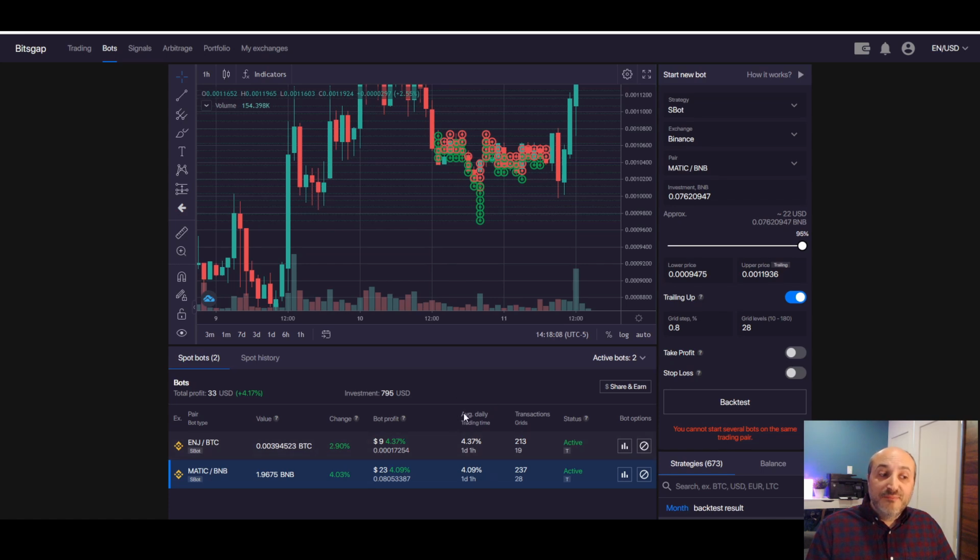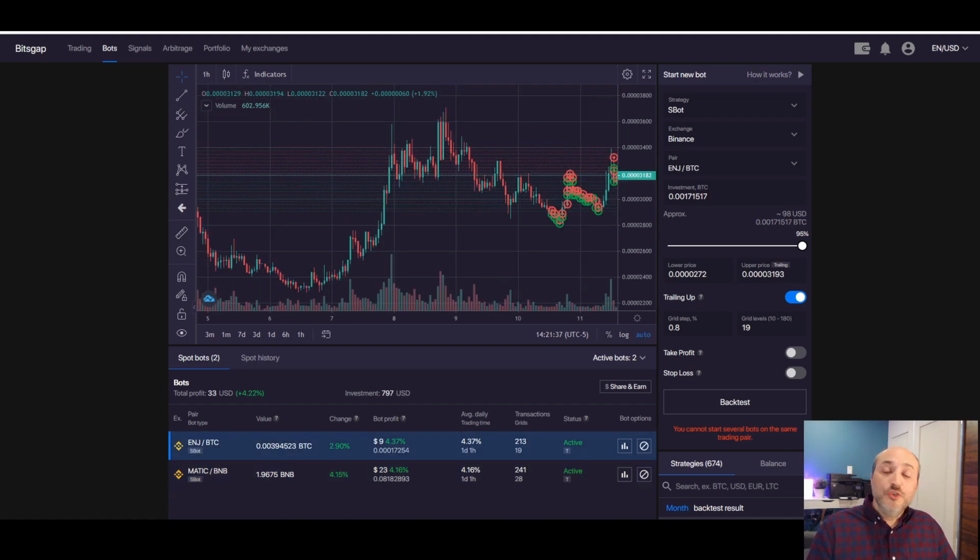And then I have my average daily profit and how much time it's been activated, and my grid. So I can see this bot has 19 grids, the other one has 28. And so far this one did 213 transactions and the other one did 237 transactions, and then you can see if it's active or not.